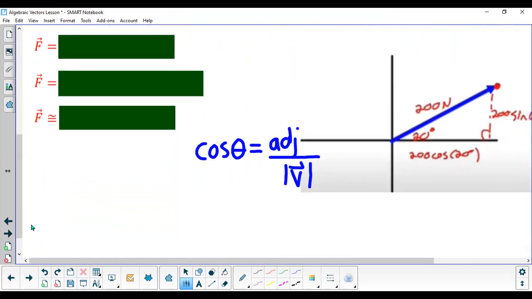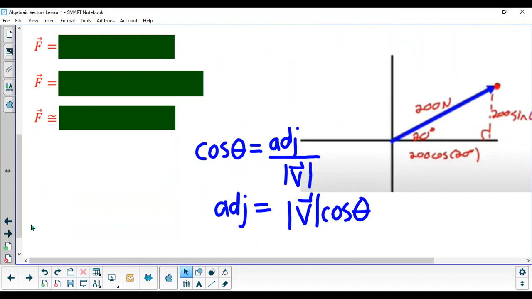So my adjacent is defined as, if I'm solving for my adjacent, magnitude of v times cos theta. I know my magnitude of vector v in this question, 200 newtons. I know the angle theta, so my adjacent can be defined as 200 cos 20 degrees.